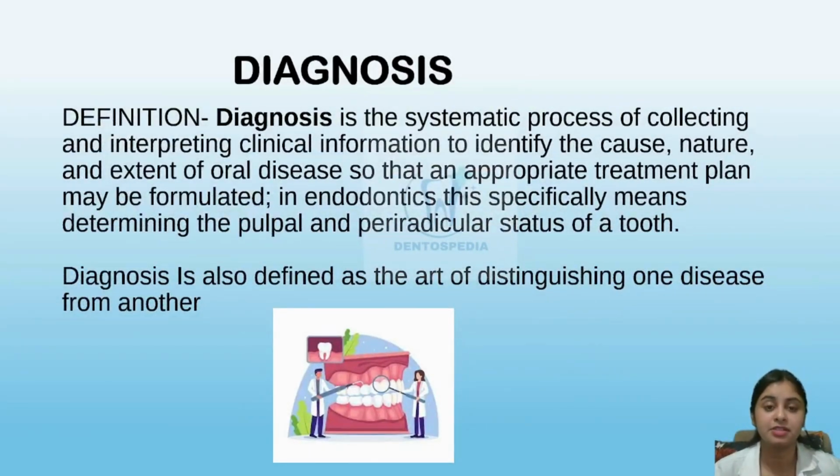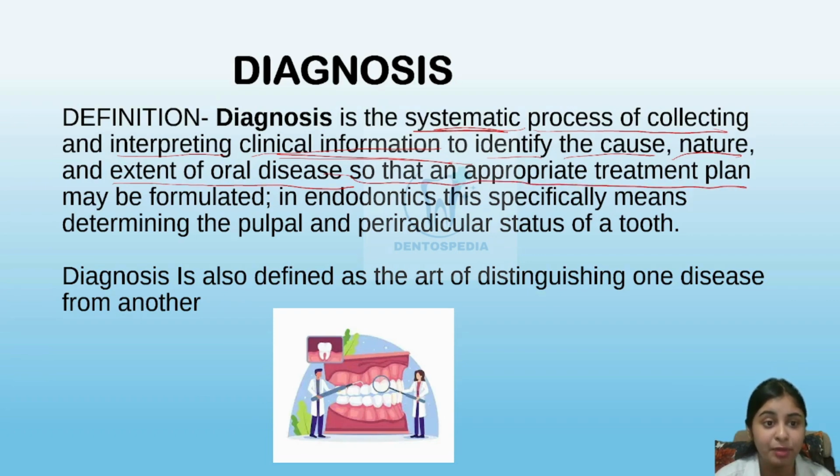First is the diagnosis. Diagnosis is the systemic process of collecting and interpreting the clinical information to identify the cause, nature, and the extent of the oral diseases. So it is a systemic collection of the clinical information so that an appropriate treatment plan may be formulated.